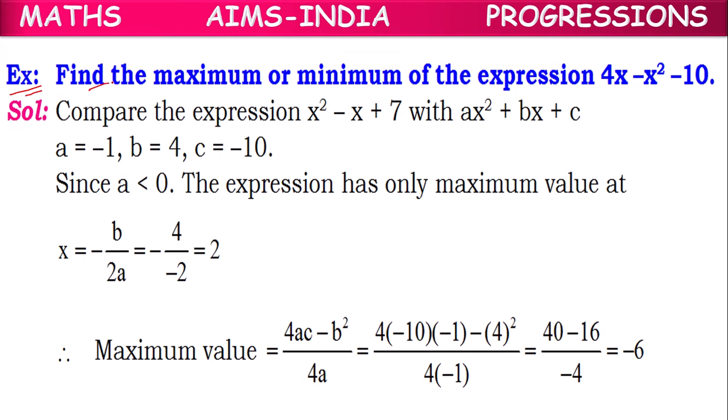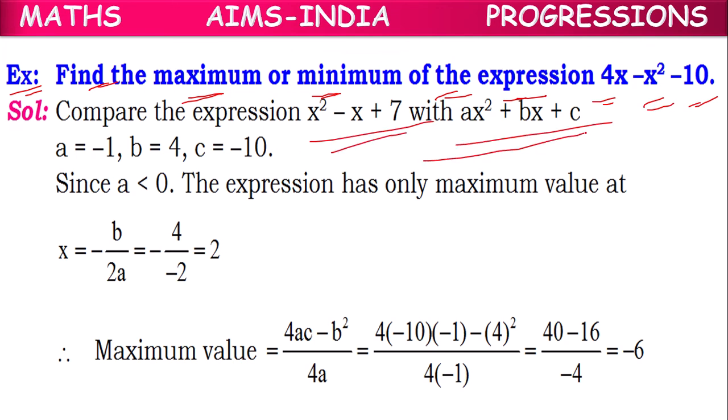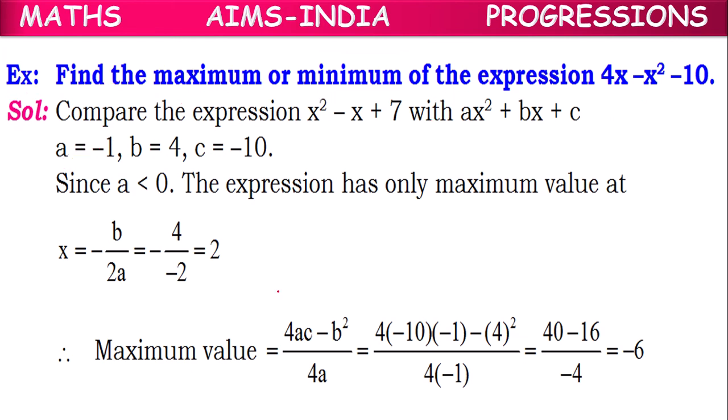Next one. Find the maximum or minimum of the expression 4x minus x square minus 10. So let's compare the given expression with ax square plus bx plus c.